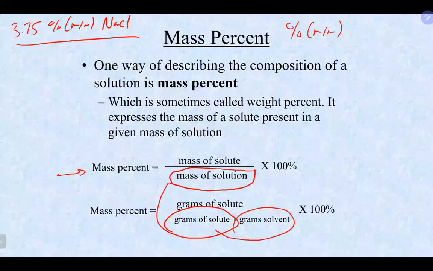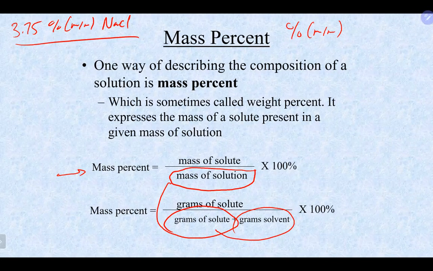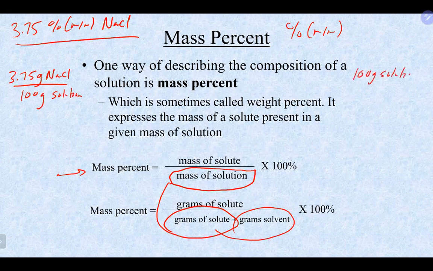So as you know, whenever you have a percentage, you want to use it as a number. You could assume 100. So what that would mean is, in this case, we would have 3.75 grams of sodium chloride in 100 grams of solution. Or we could use it as a conversion factor. 100 grams of solution gives us 3.75 grams of sodium chloride.